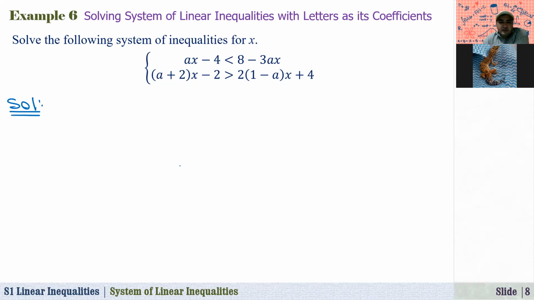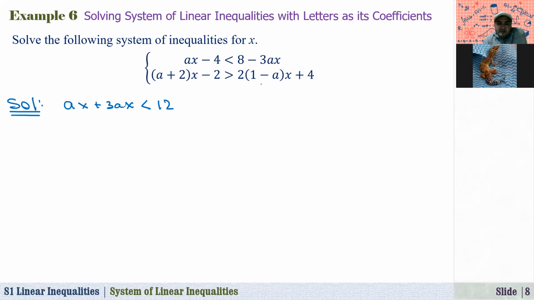Anyway, solve the following system of inequalities for x. The first one again, let me try to leave x alone. First, take 3a minus 3ax to the left-hand side. So here we have ax plus 3ax less than, take negative 4 to the right-hand side, 8 plus 4, that is 12. And how about the second one?